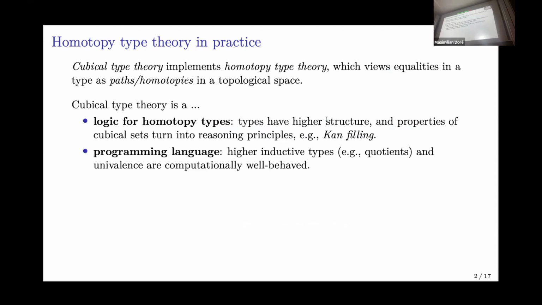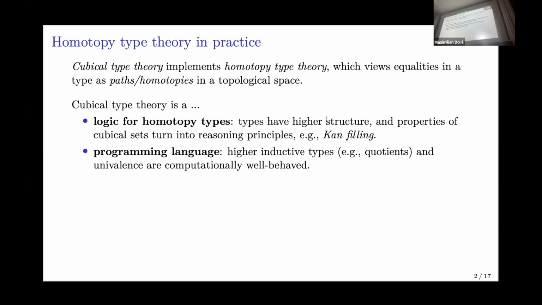And I guess most of you have heard about homotopy type theory at this point. It's not all that hot anymore. It's 15 years old or something. And that's a foundational program which tries to make sense of equality in intensional type theory, which was always something very mysterious, by analogy to paths and homotopies and topology.